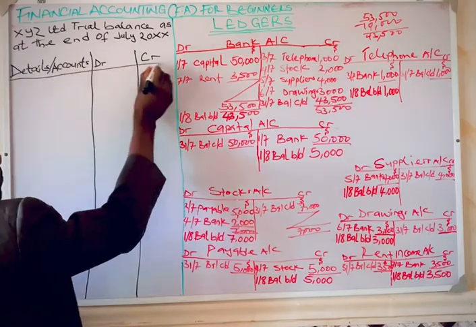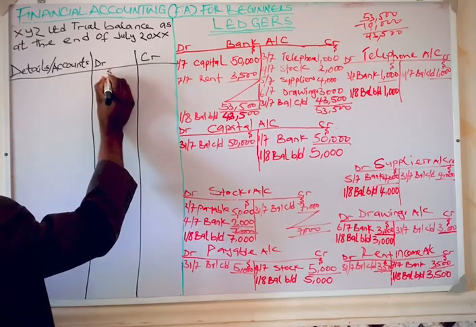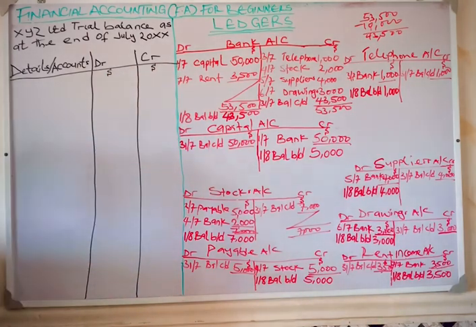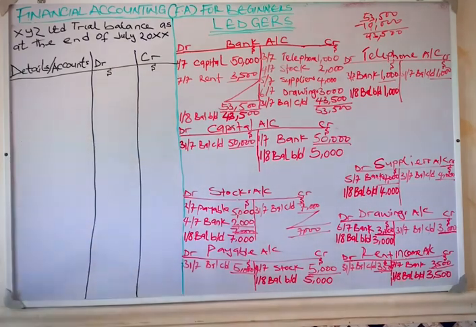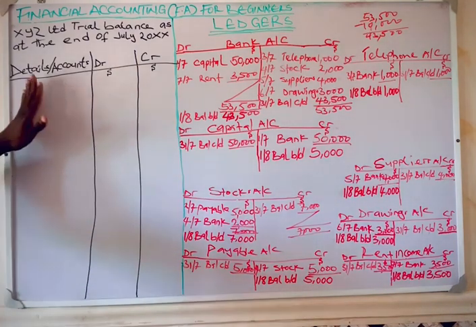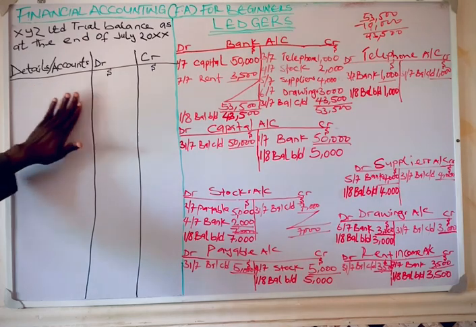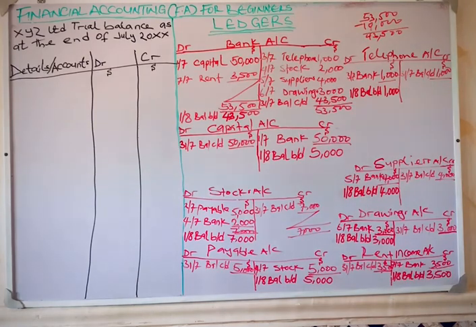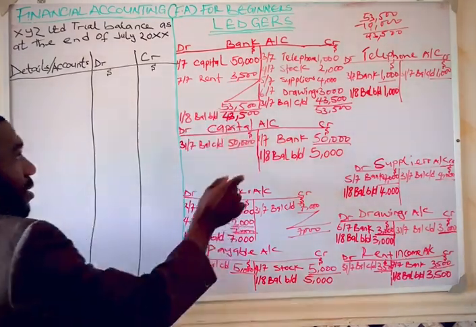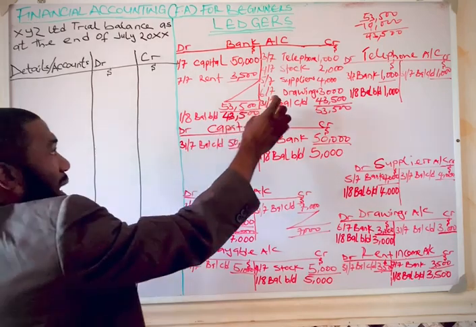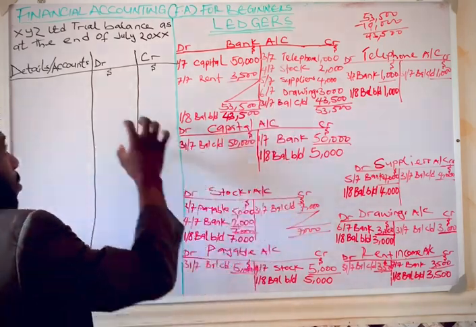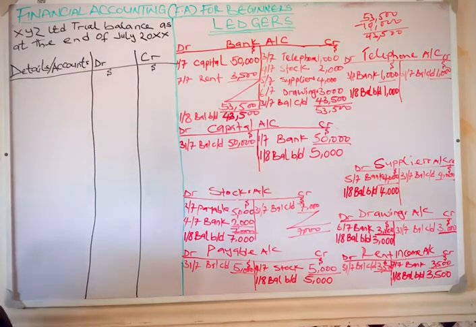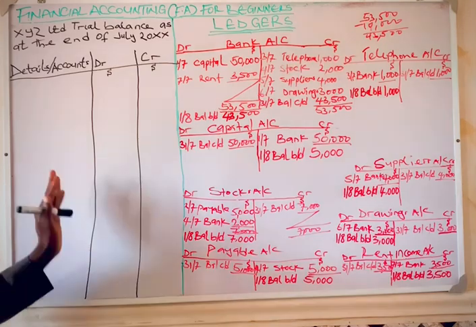Simple, just like that. Our currency is dollars. So this is the format of the trial balance: the details or the account, the debit and the credit. Now the ledger balances: we are going to pick the balances of our ledgers to this, either debit or credit. And that is all about the trial balance.